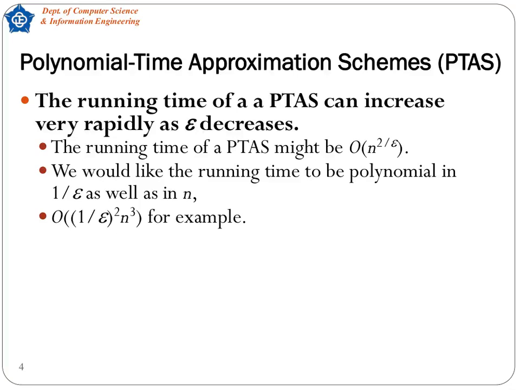Ideally, we want our algorithms to stay polynomial not only in the input size n, but also in 1/epsilon. One way to achieve that is with a running time like O((1/epsilon)^2 n^3), which keeps the dependence on epsilon under control while still scaling smoothly with n.